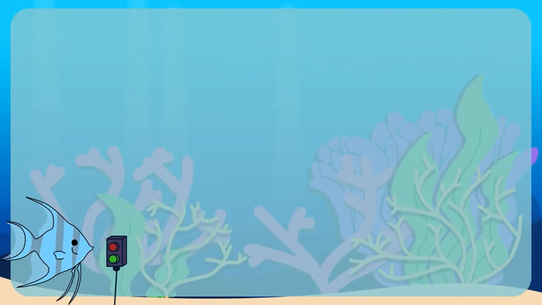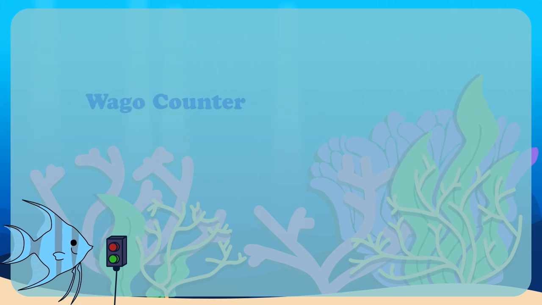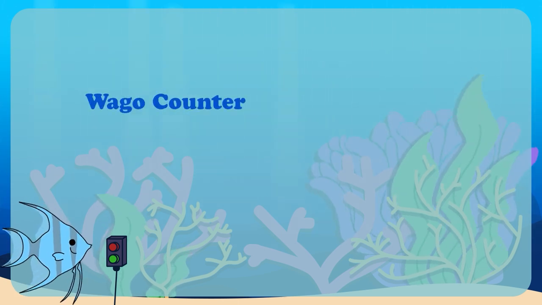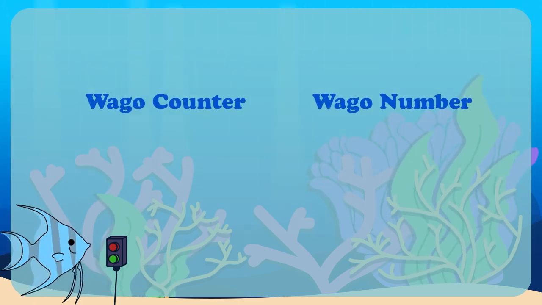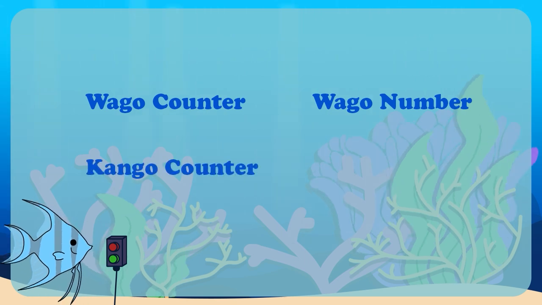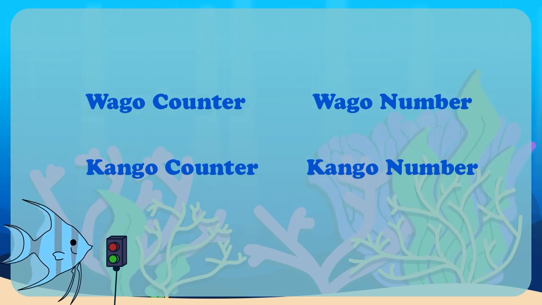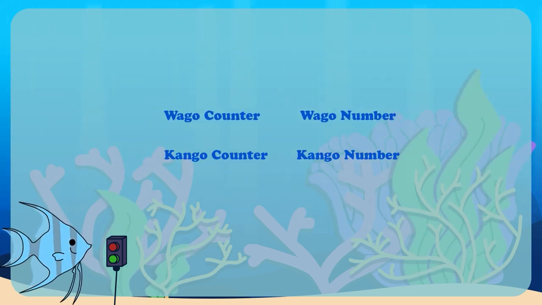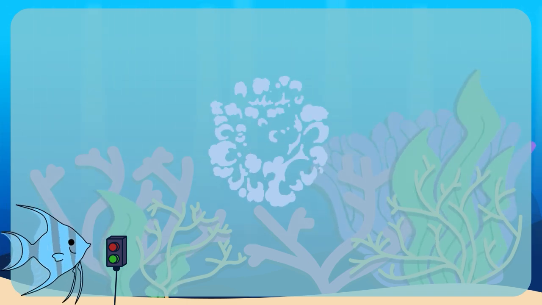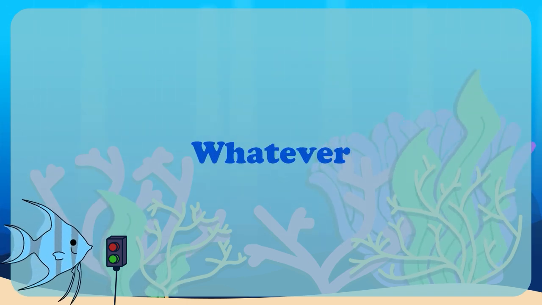The general rule is if the counter is wago, then the numbers also should be wago, and if the counter is kango, then the numbers also should be kango. But as the language evolved, wago numbers and kango numbers started to mix and mingle, and wago counters and kango counters also started to mix and mingle. Then came the way we count in modern days.